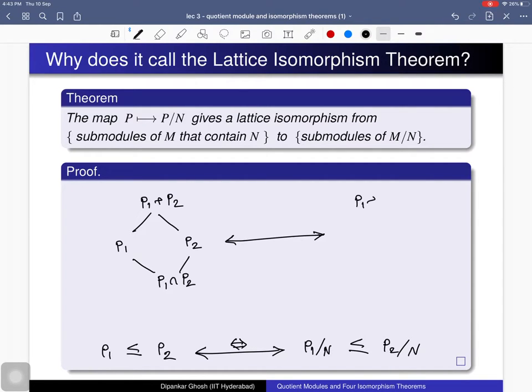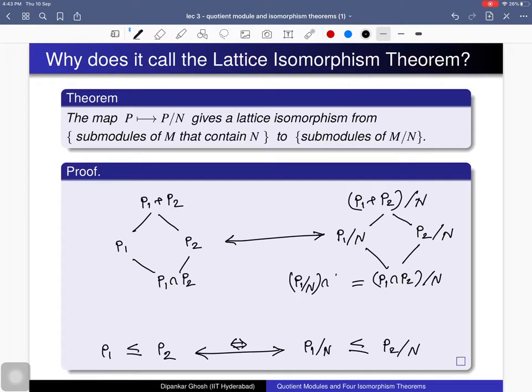Here the corresponding elements will be this modulo N, and here you will have P1 modulo N, here you will have P2 modulo N, and there is a relation, and their infimum will be P1 intersection P2 modulo N. So this is just P1 modulo N whole intersected with P2 modulo N, and likewise P1 modulo N plus P2 modulo N. So it preserves the maximum element and the minimal element.